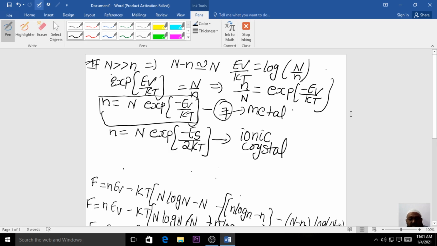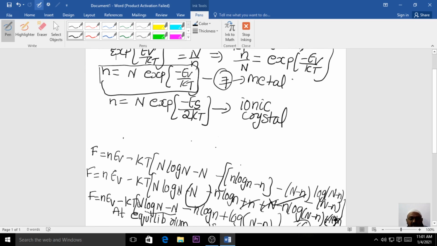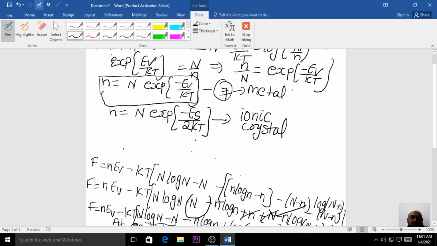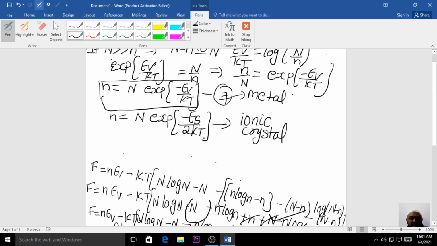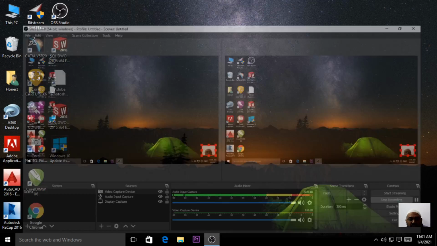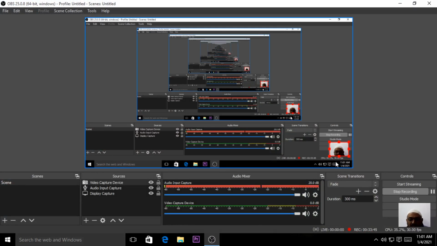So the part is very easy for you to understand. What we are doing here is removing the factorial term by using the Stirling approximation. We are using two important aspects here.